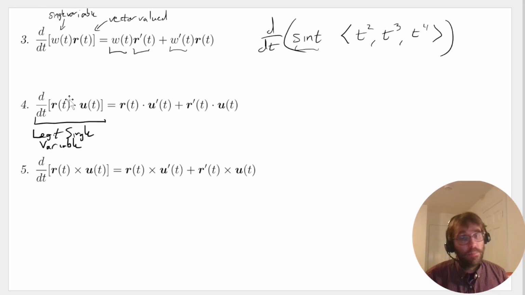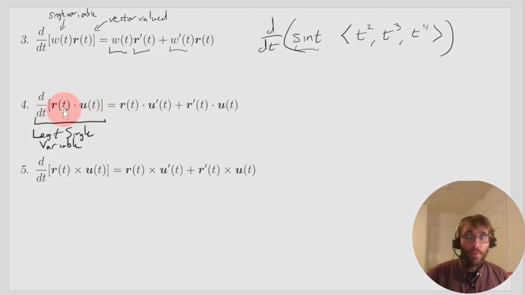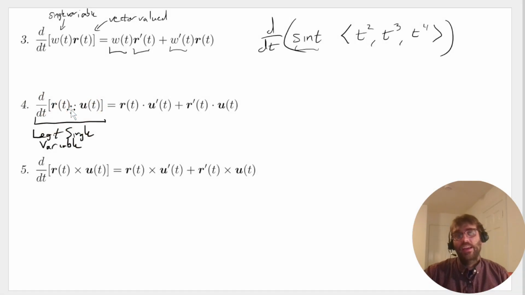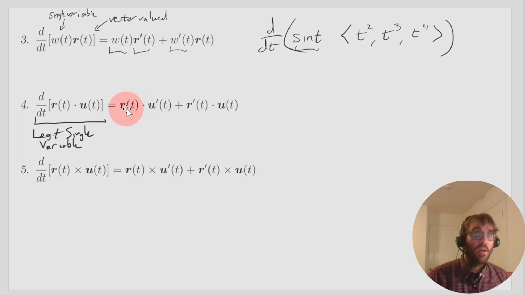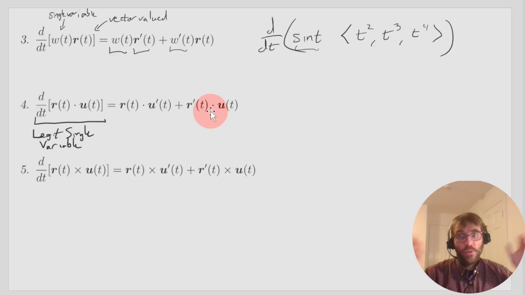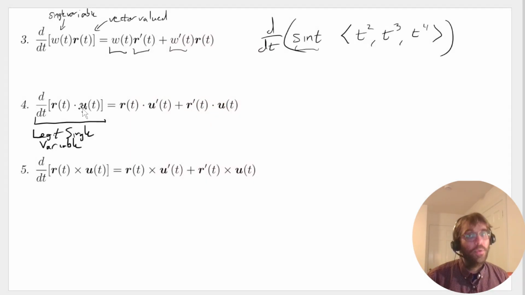This left-hand side is pure single variable calculus. You just compute the dot product first, and then you're taking a derivative of a single variable thing. But it's still a product, and the product rule still applies. Just now it is a dot product rule: r dot u prime plus r prime dot u. No changes, you're still using the r and the u, you're using dot products. And notice that on the right-hand side, the dot products will be scalar elements at that point.